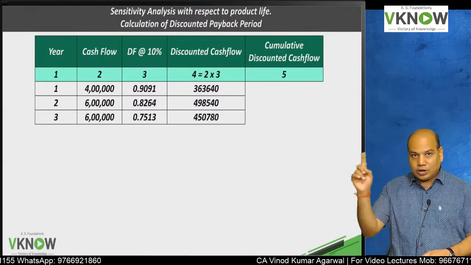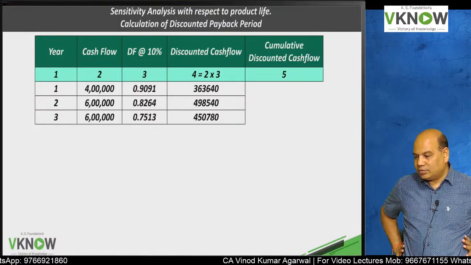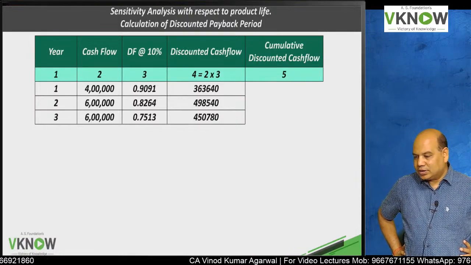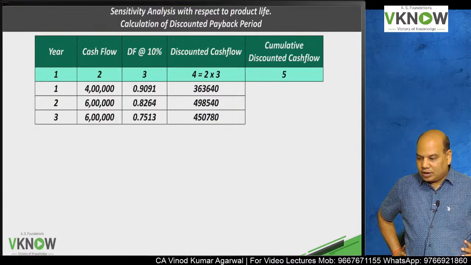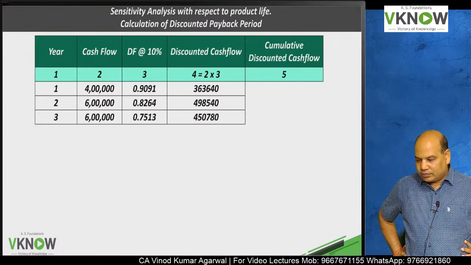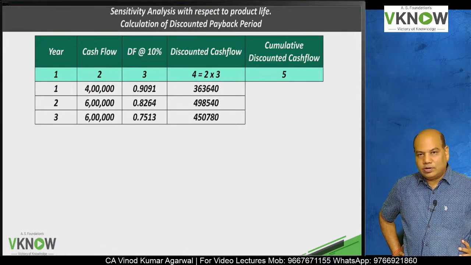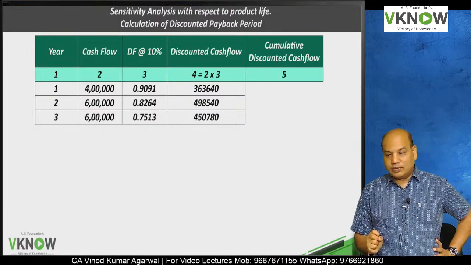Even this column we have computed in the original answer. You can copy from there. 363 640, 498 540, 450 780. Smart student will not calculate. He has already done it. He will just copy it from there.